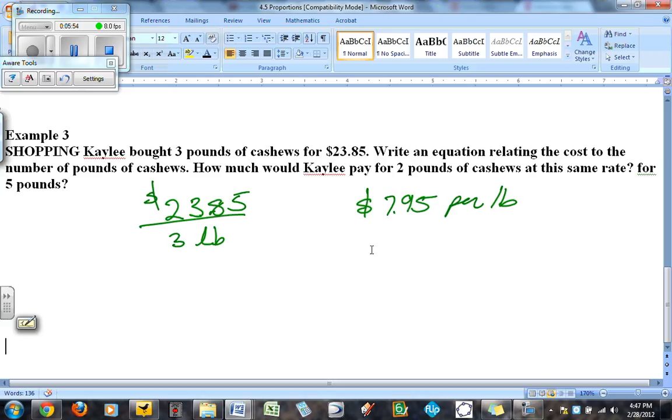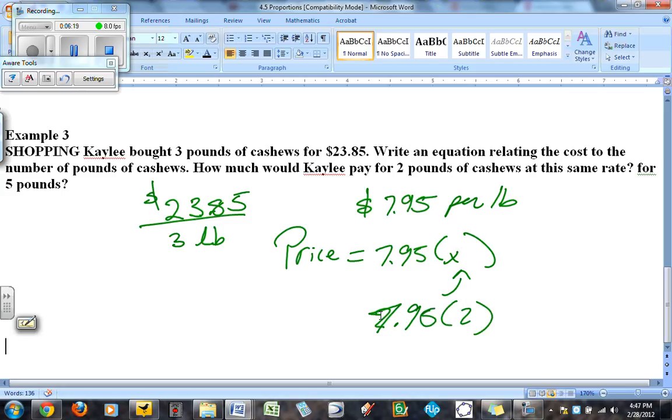If we're going to write an equation for how much we're paying, it would be 7.95 times x, or t, or c for cashews, whatever you want. So our price we're paying is going to equal that. They want to know how much Kaylee would pay for 2 pounds, so we're just going to plug 2 in right here. 7.95 times 2 is $15.90.